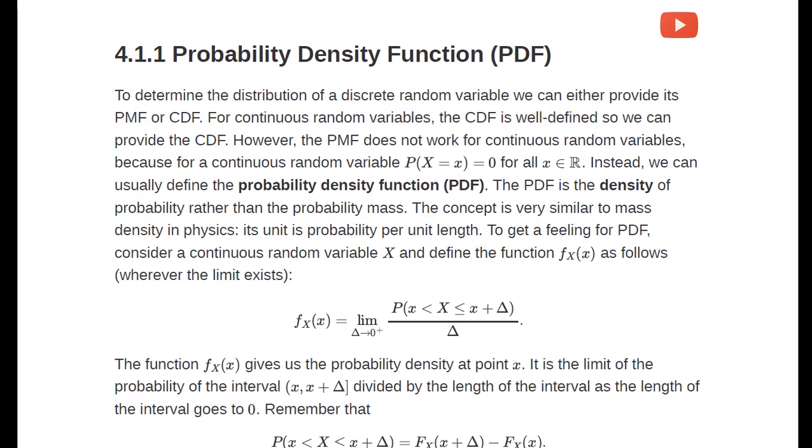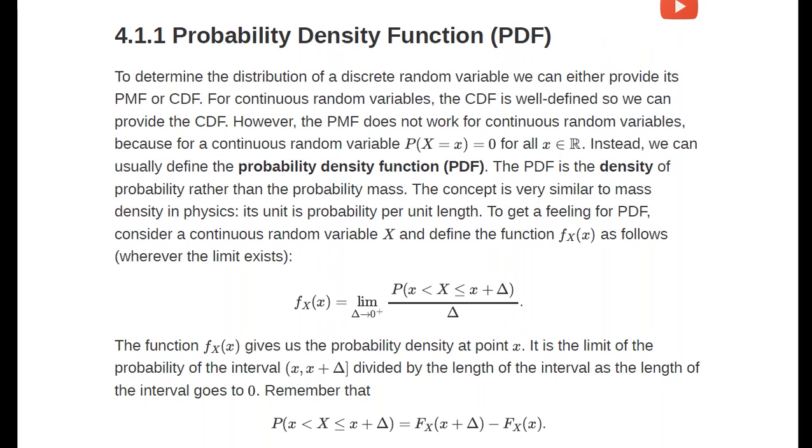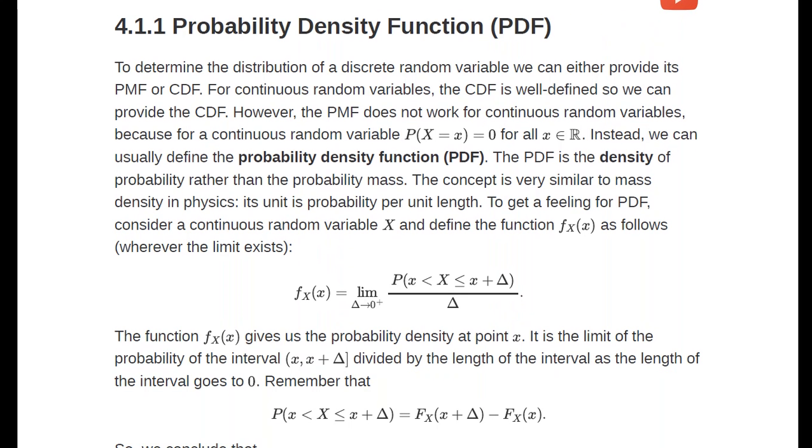The probability density function for continuous random variables. To determine the distribution of a discrete random variable, we can either provide its probability mass function or cumulative distribution function.